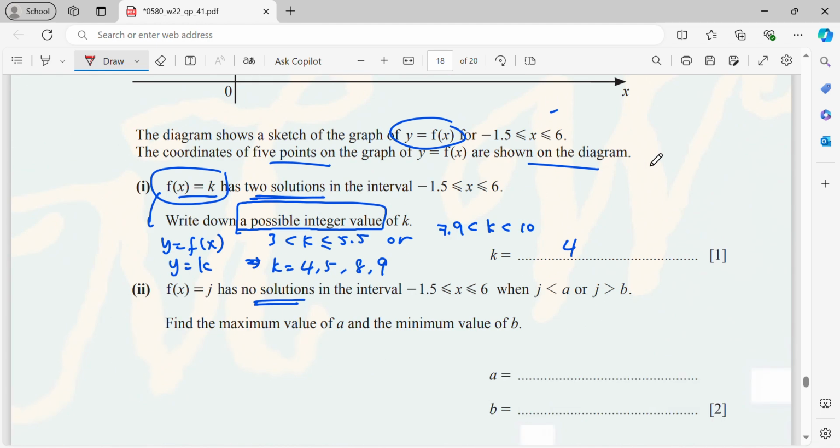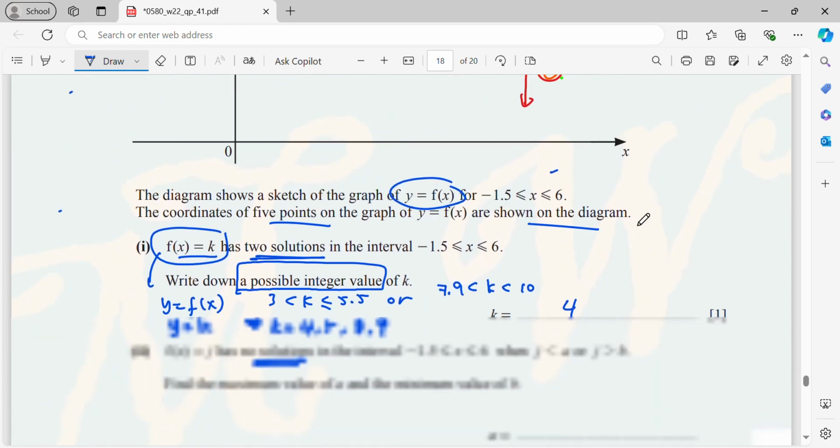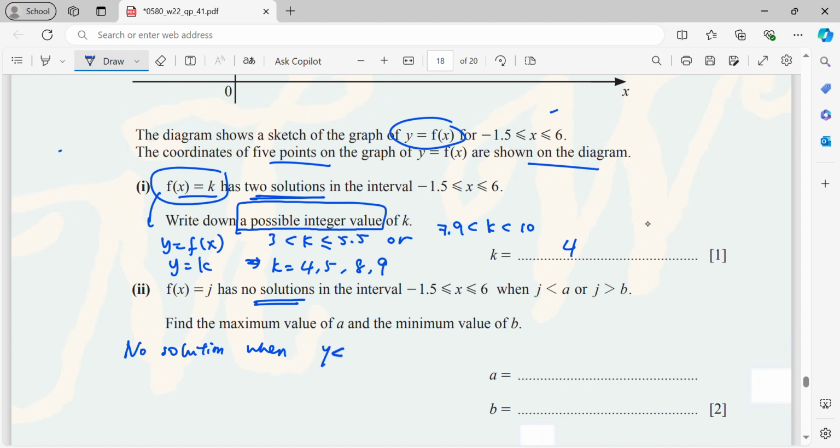So I will say no solution when y is less than 3 or greater than 10.